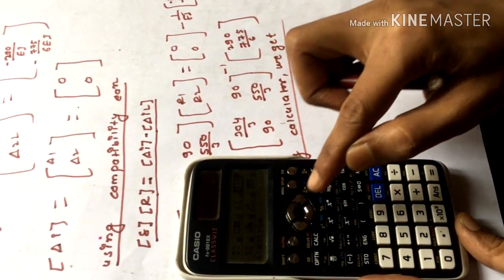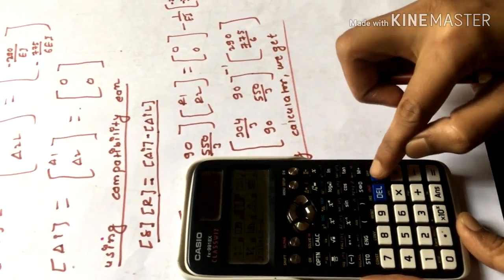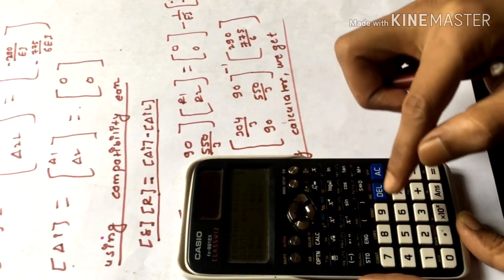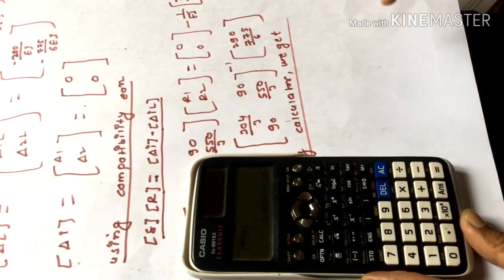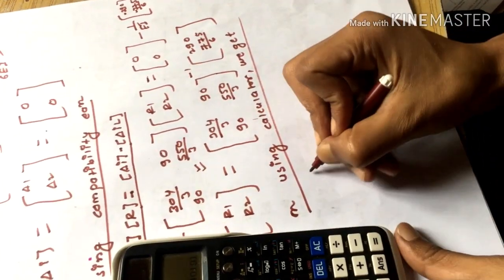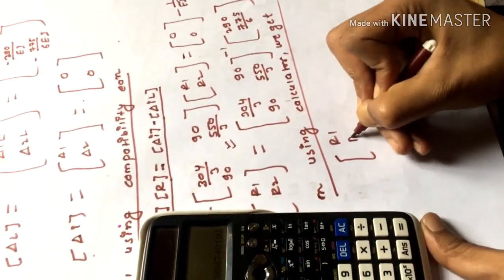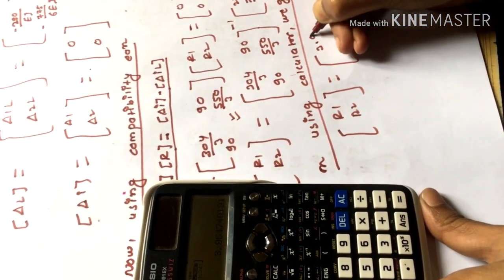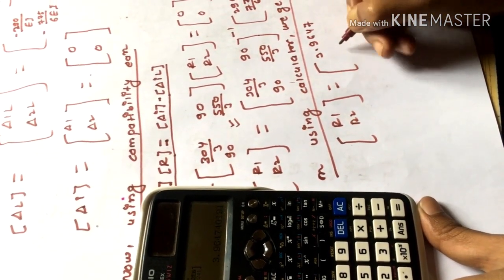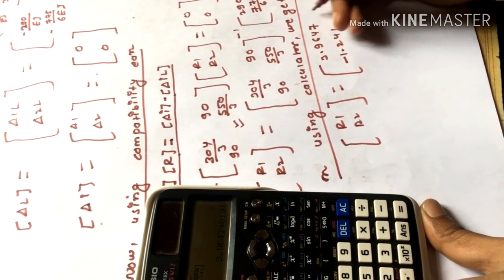so again go to matrix mode, then go to the option and click 4. Now on clicking we get R1, R2. In the calculator we can see 3.9647 and minus 1.241.